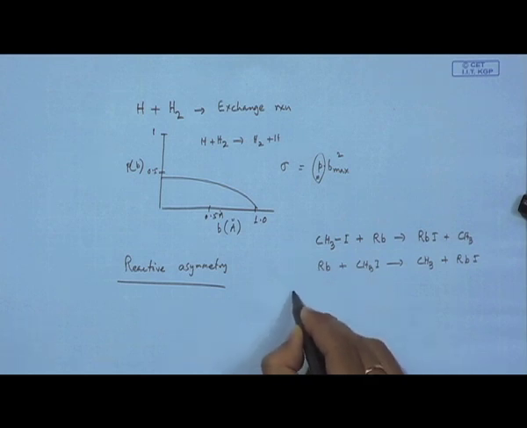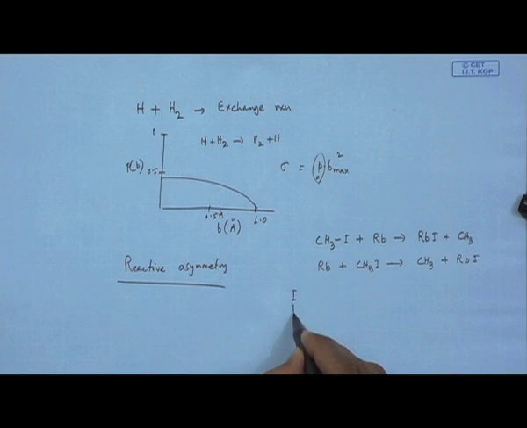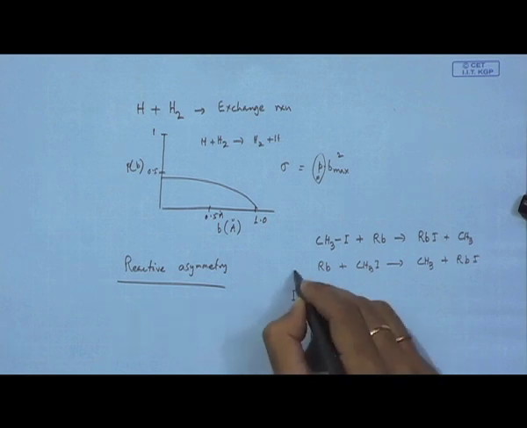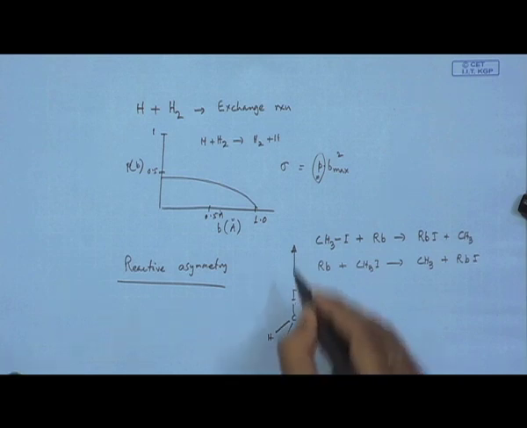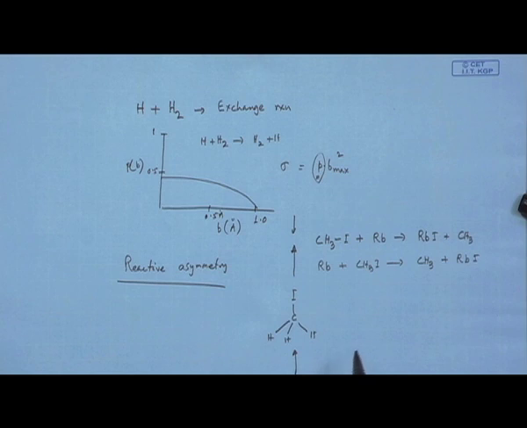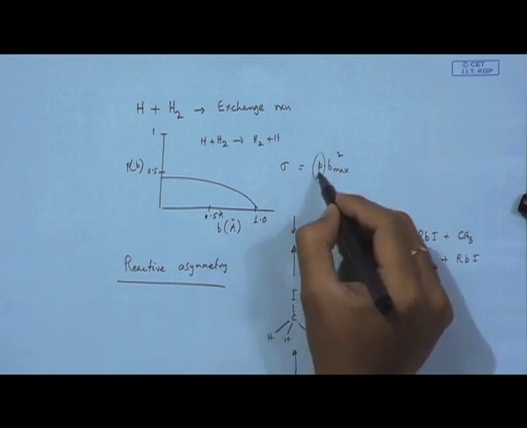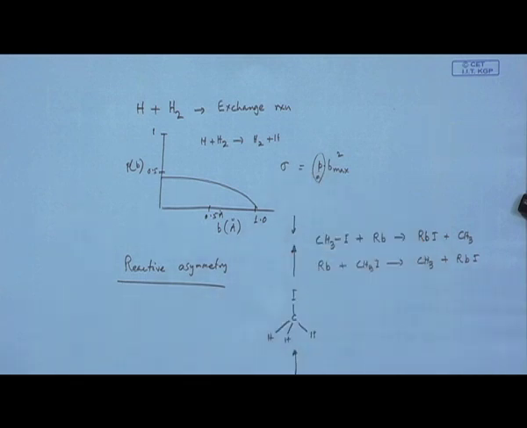Maybe it is oriented like this, maybe oriented like this along this axis, and then if you allow rubidium to come from this side or from this side, you should be able to find out the reactive asymmetry, and this will help in finding out this steric factor.